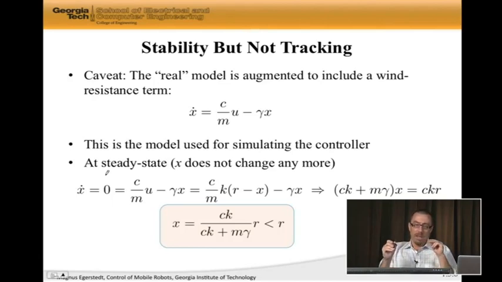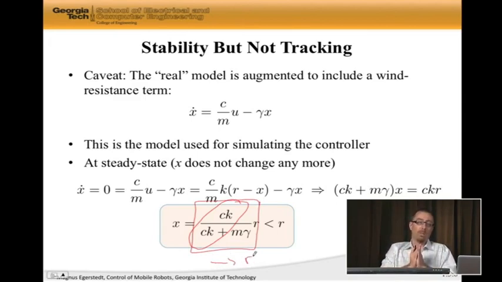And we can see that if we make k really, really big, then these two terms are going to dominate, and we're going to get closer and closer to r. So as k becomes bigger, we're getting closer to r, which means we're having a stronger gain, but we're never, for any finite value of the gain, going to actually make it up to the reference.